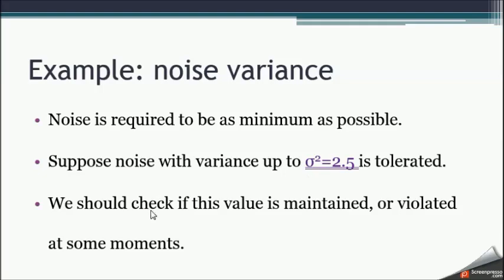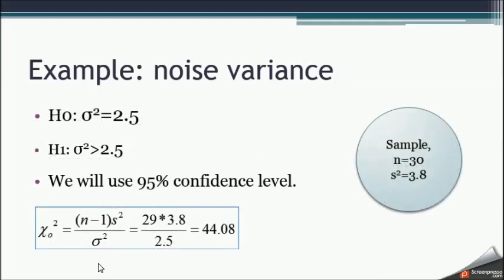Now we are afraid that the noise added to the signal is more than 2.5. So we are checking the value of the variance for the noise, whether it is maintained at a maximum of 2.5 for the variance, or this was violated at some specific times. So now suppose this is our example.